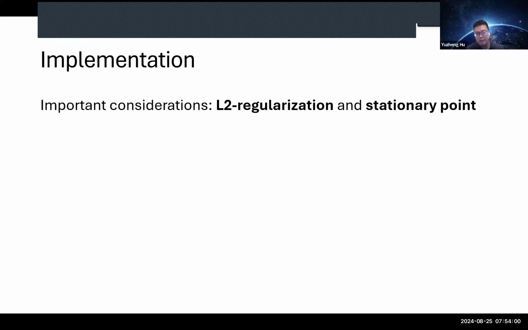The first one is the L2 regularization, because the whole analysis of this representative point selection relies on the use of regularization. Without regularization, when you're using the first order condition, you basically cannot obtain that formula, which is very desirable. So L2 regularization is clearly important.